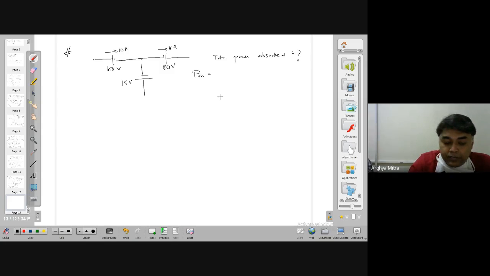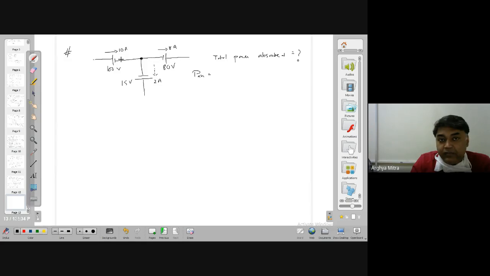P absorbed equal to. So what is the current flowing through this? So you apply KCL here. You will get it. 10 ampere is entering, 8 ampere is leaving. Then there must be some 2 ampere which is also leaving. Now you see, if a current is flowing out from the positive terminal of the battery, then it is generating.